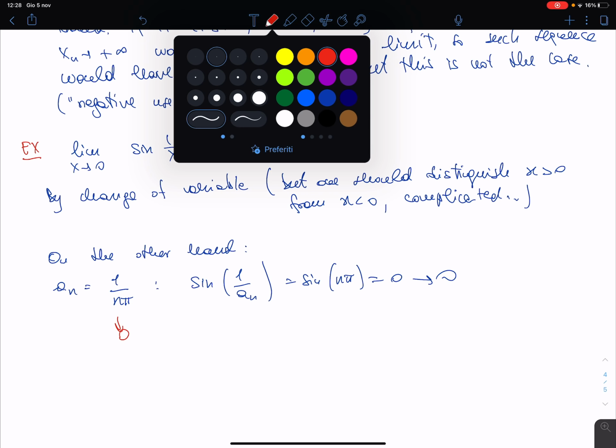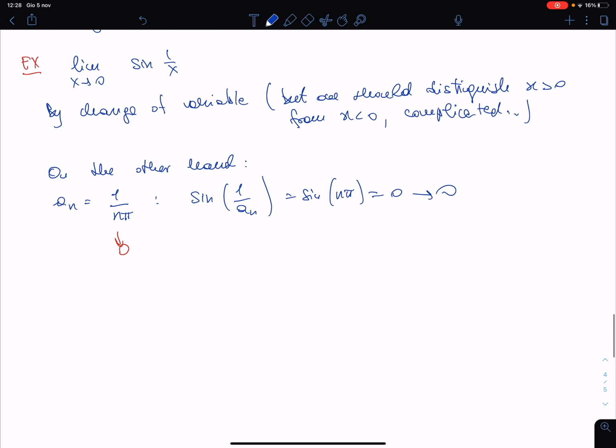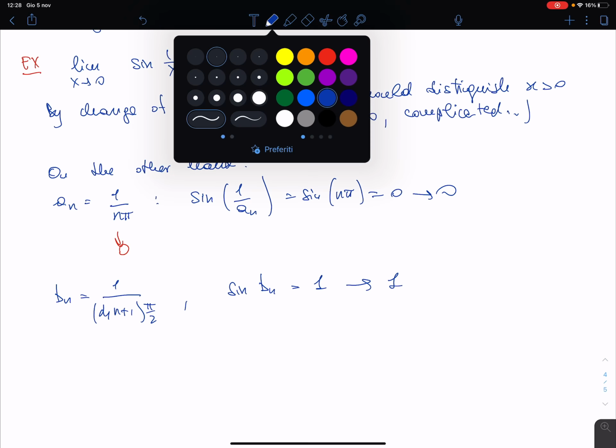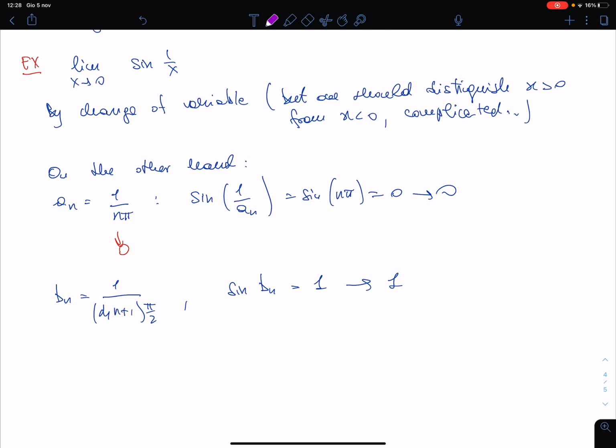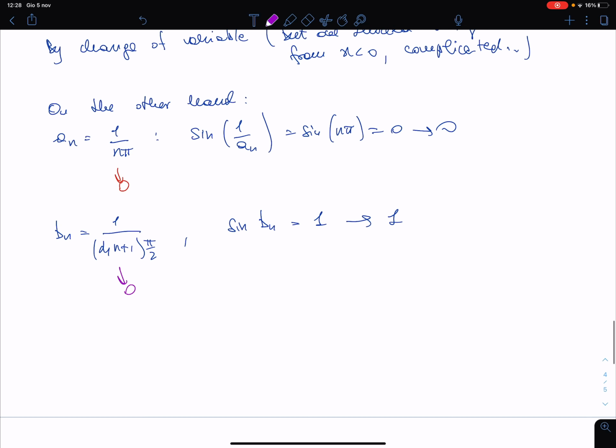But again, inspired by the previous example, we have that bn is equal to 1 over 4n plus 1 pi over 2. So we have that the sine of 1 over bn is equal to 1, which goes to 1. And this goes to 0 too. So again, the limit for x going to 0 of sine 1 over x does not exist.